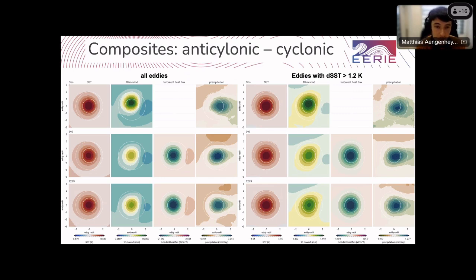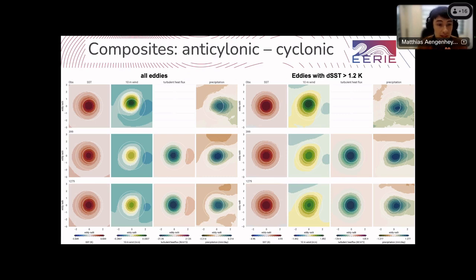And this is quite neat because it essentially removes this background gradient. And these two plots look very similar, with the main difference being, when you look at the color bar at the bottom, that these differences get much, much larger on the right. So it's very nice, and it allows us to look at the impact of eddies, so to say, and also compare to the observations.